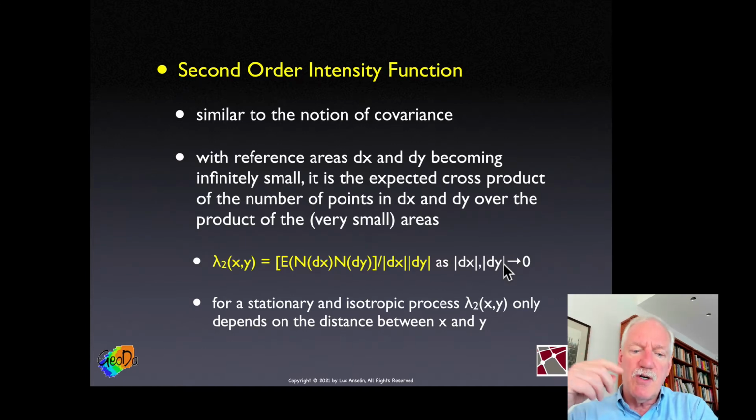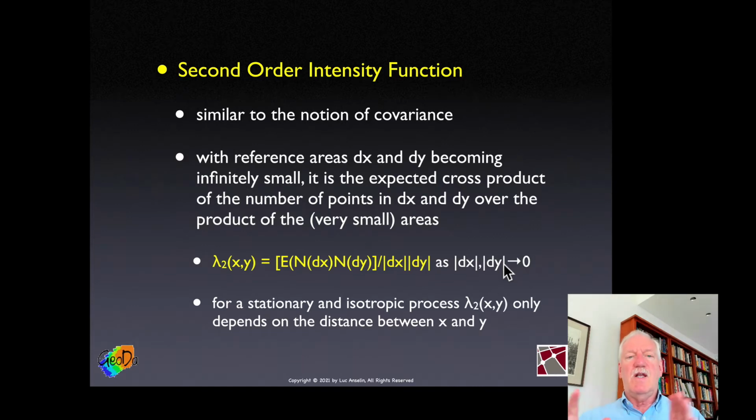So this is a measure of covariance, if you can imagine it, for isotropic processes. These are processes without any complications, basically. Remember the pancake model. This cross-product measure only depends on the distance between the two points.